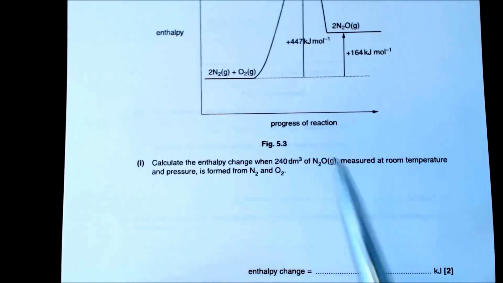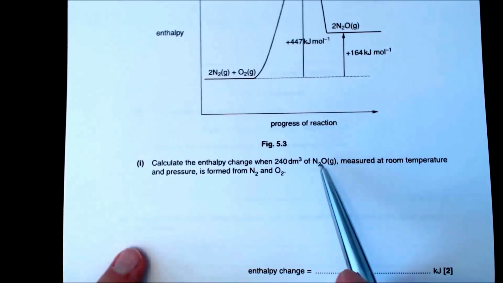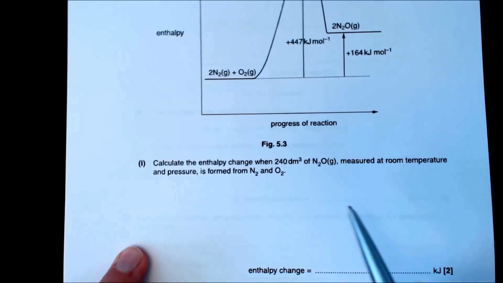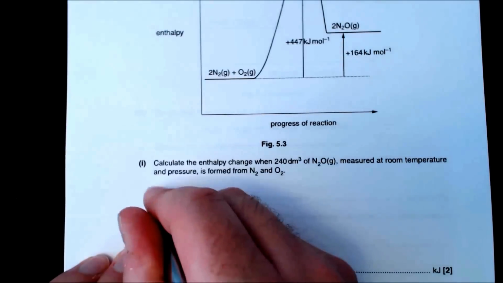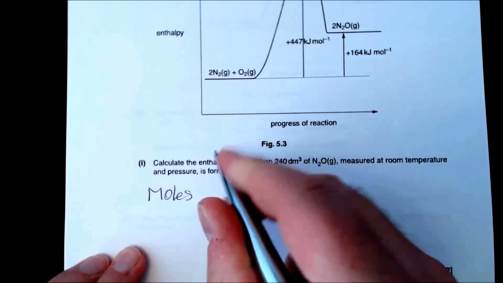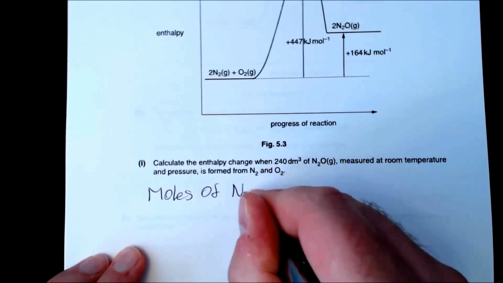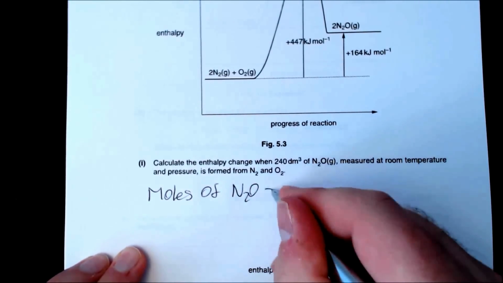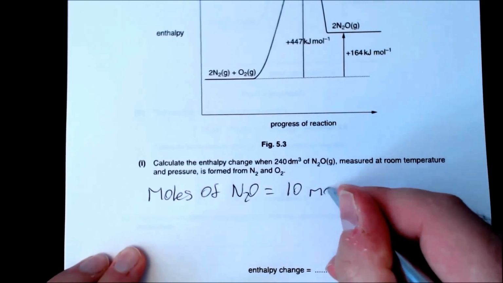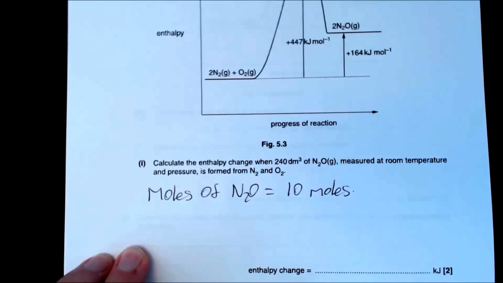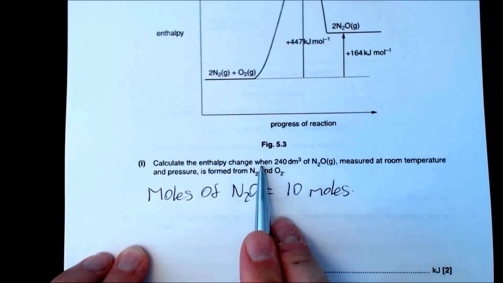But you can see here this is occupying 240 decimeters cubed, so that tells us that N2O is 10 moles. So moles of N2O would equal 10 moles. Okay, so that's fine. And then we need to work out the enthalpy change.